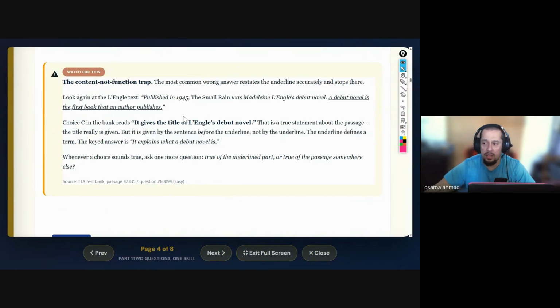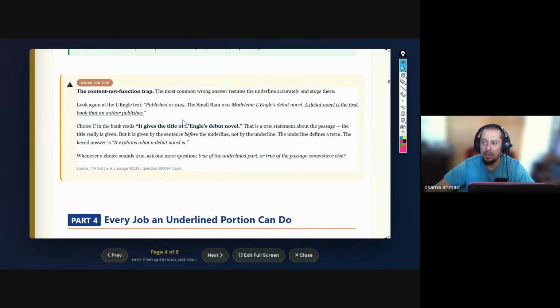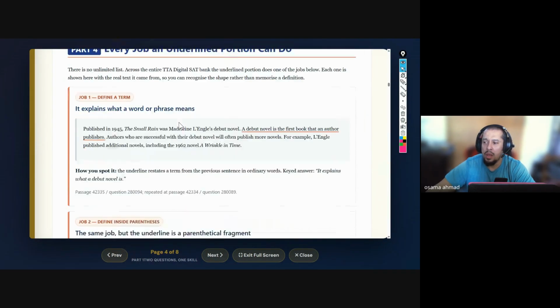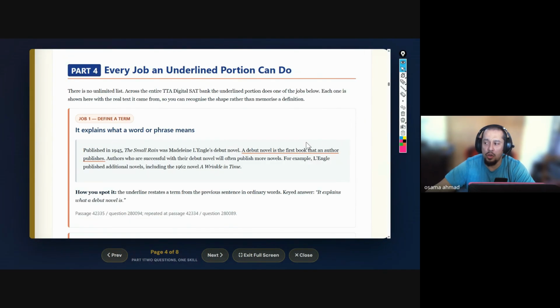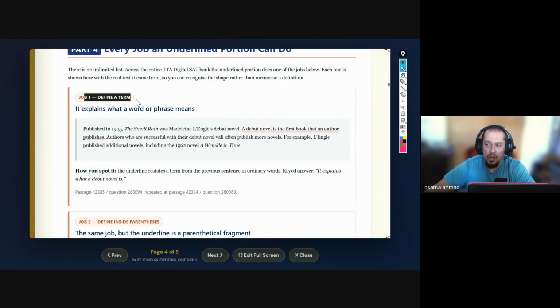Let me look at some other examples here. Okay. Every job an underlying portion can do. Okay. So there are quite a few jobs here. أنا مش هقرا كل الexamples ليكم، بس هقرا بس الجوبز عامة. The function or the jobs، وطبعا في البيت هنقرا الexamples دول مع نفسنا عشان بس نوفر وقت. It can define a term. يدينا definition.